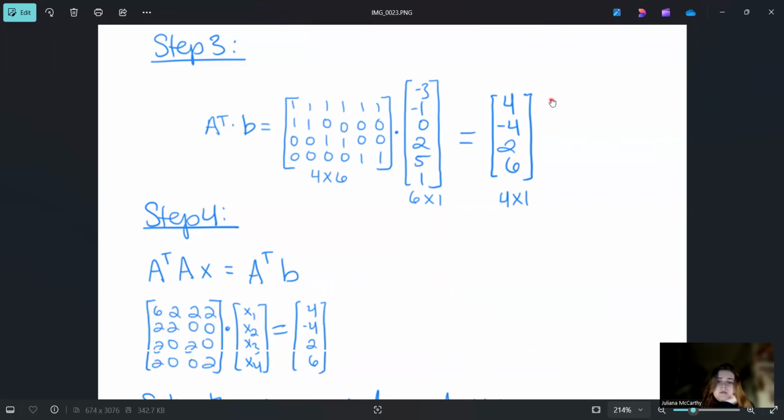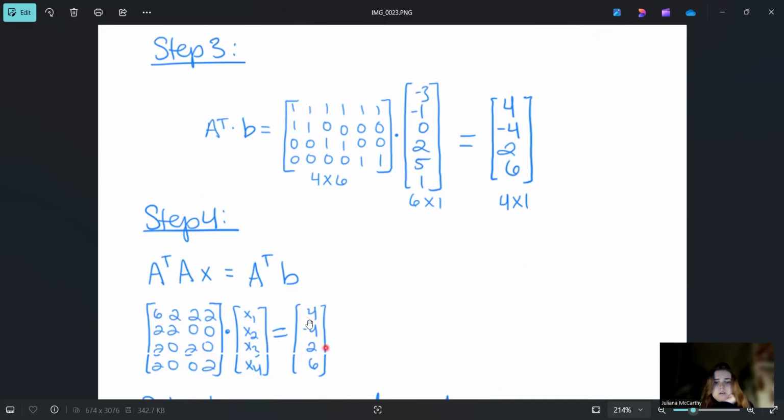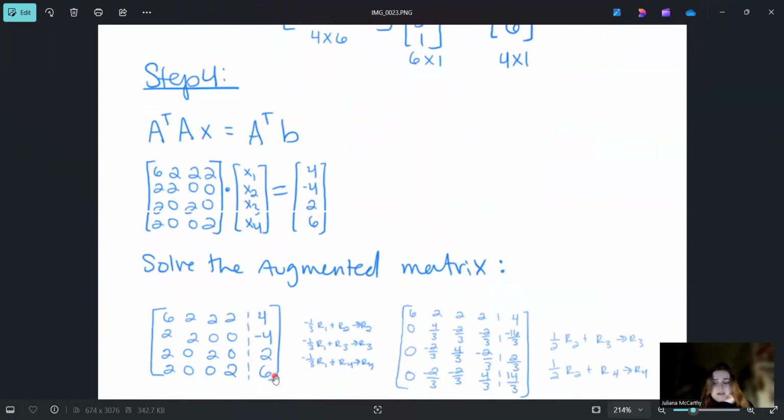A transpose A, what we solved for up here, times our x vector equals A transpose times b that we solved here. Using this matrix equation, we are going to augment it and start row reduction operations in order to get our reduced row echelon form.